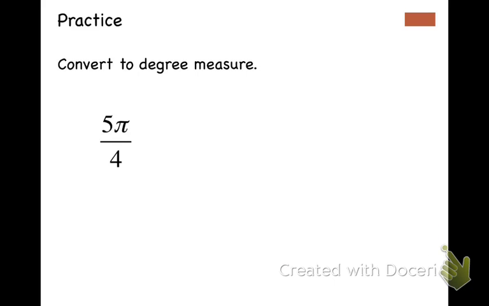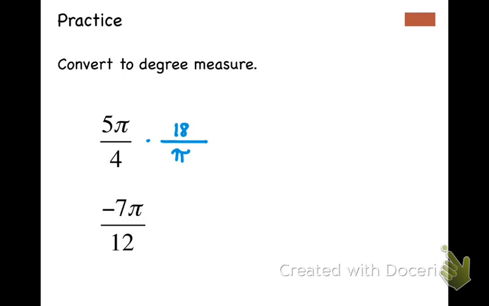We can go in the different direction as well. We can convert from radians to degrees, and it just means we're going to flip the fraction that we multiply by. Instead of doing pi over 180, this time we're going to multiply 180 divided by pi. And remember, we want to cancel out those pi's. And so since I have a pi in my numerator, I want to put pi in my denominator in order to cancel.